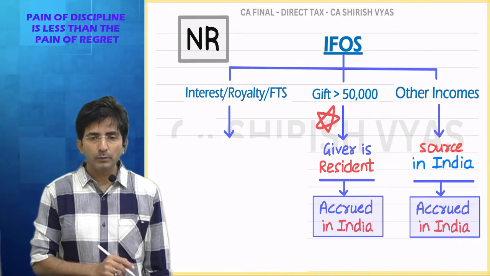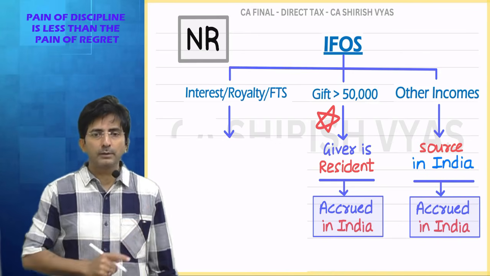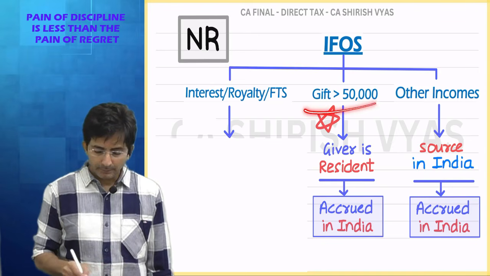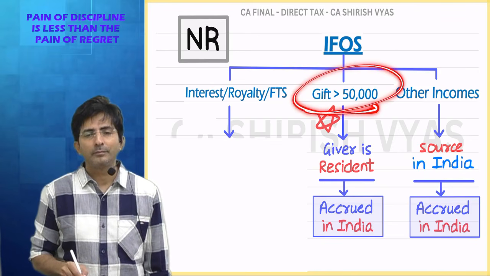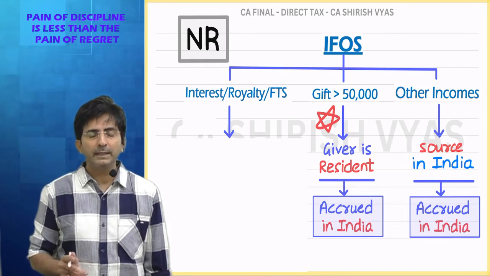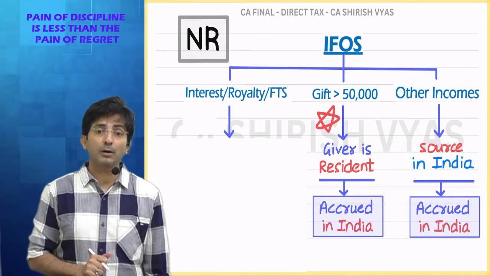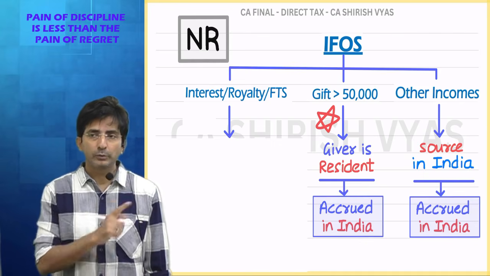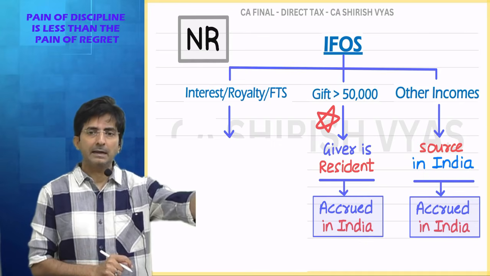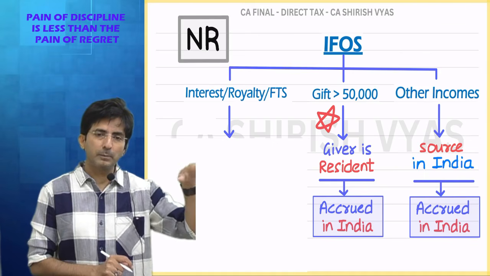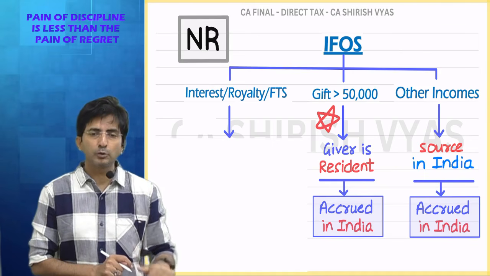See, his doubt is what? NR gifted to someone. Tell me, gift is income for whom? For the receiver. So think from the receiver's angle. The receiver has to decide whether it is accrued in India or not. So his doubt is, NR gifted to some other NR. So it is whose income?